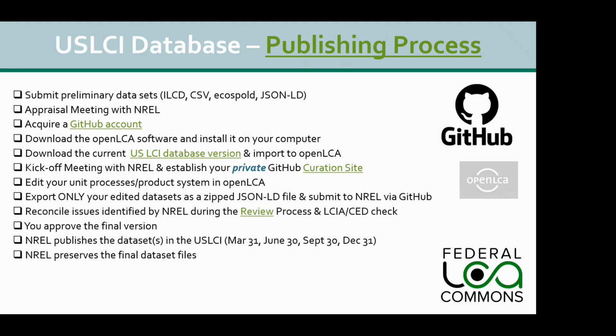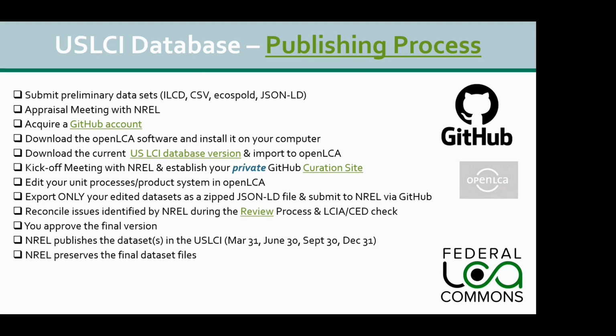The data curator will review the submitted data sets and release review comments in GitHub. These comments can include metadata requests and resolving flow nomenclature and connectivity. The submitter will then reconcile any issues identified by the data curator and check impact assessment results to make sure that the results are realistic of the process before submission.